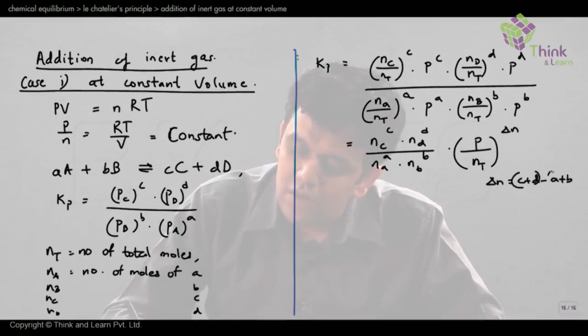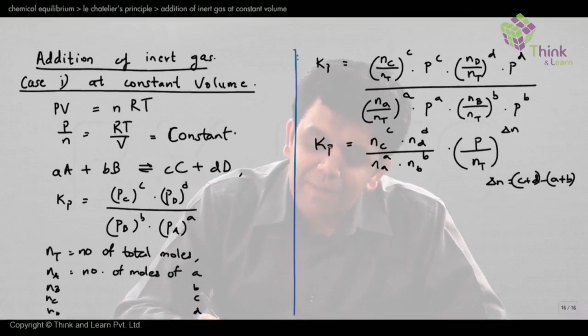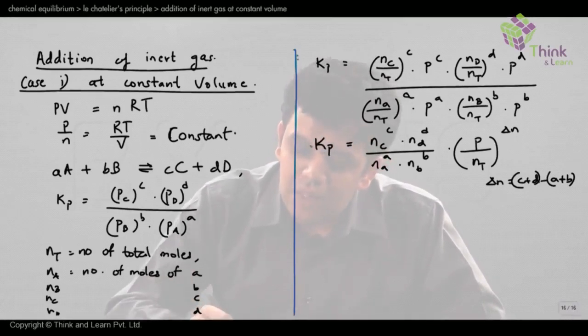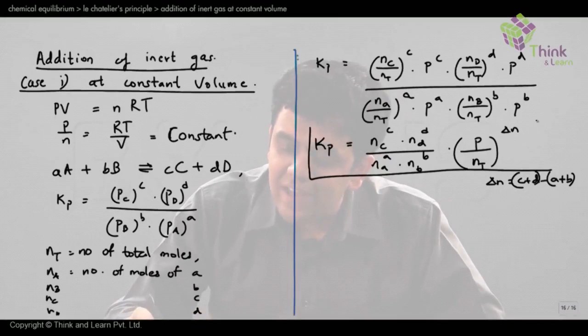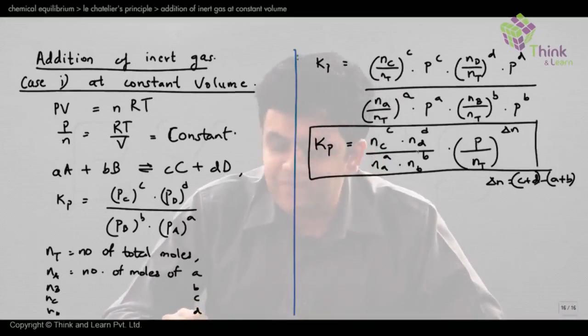Got it? So now here what I have done is, I have expressed Kp in terms of number of moles of A, B, C, D and total number of moles and total pressure.